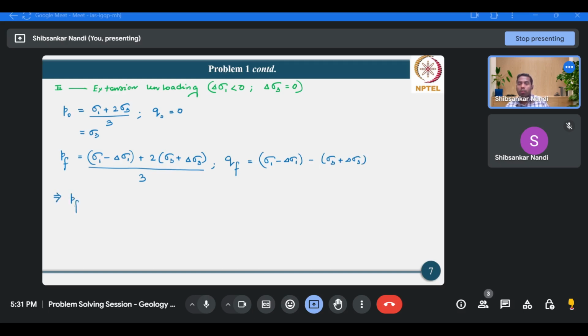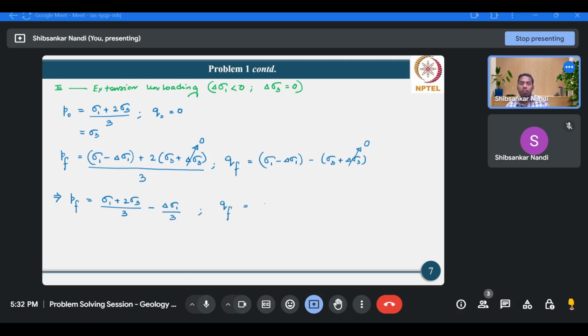So PF would be sigma 1 plus 2 sigma 3 by 3 minus, and here this delta sigma 3 is 0, so minus delta sigma 1 by 3.